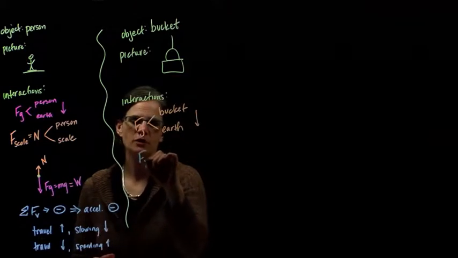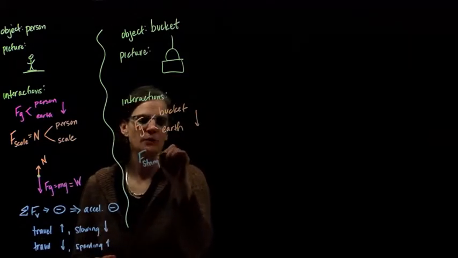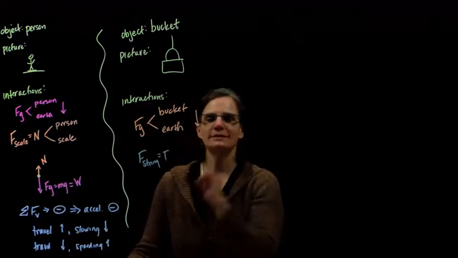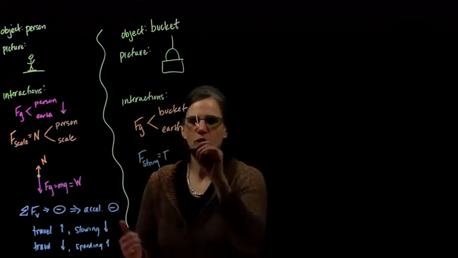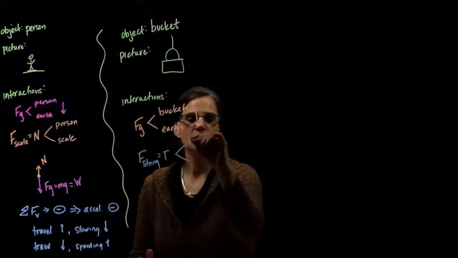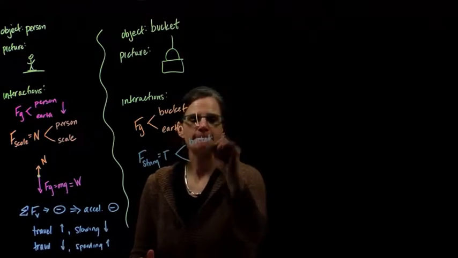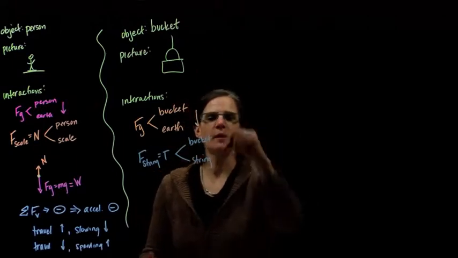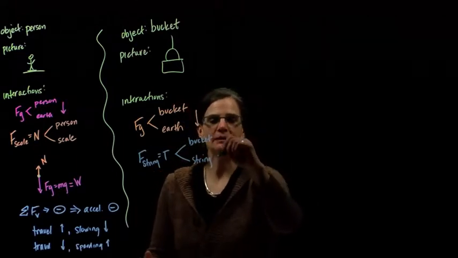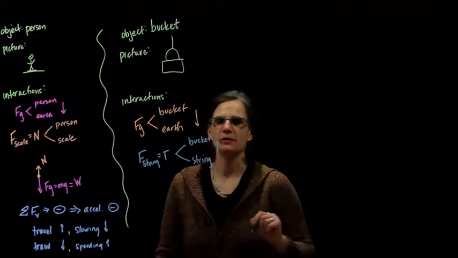So we have the force of the string. Again, we might call this a tension, T for tension. It's strings, rope, cable. And that's between the bucket and the string. And that's holding that bucket up or keeping it up. Tension is in that upward direction.